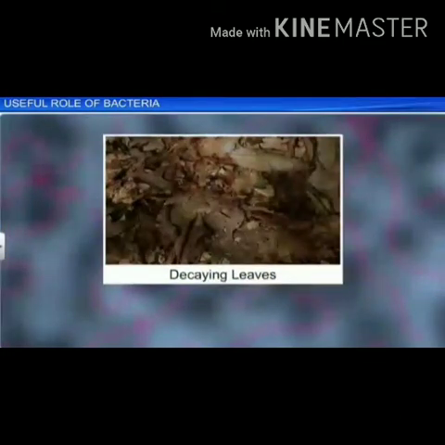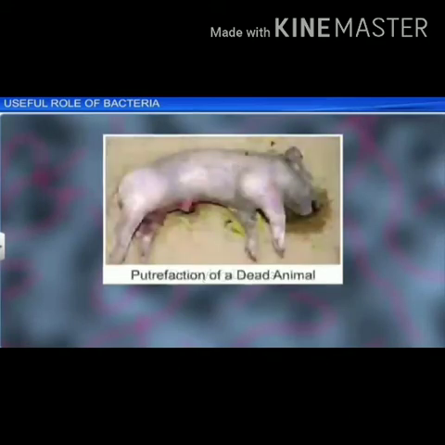Decay is the complete breakdown of organic matter by bacteria without producing any foul smell, while putrefaction is the incomplete breakdown of organic matter by bacteria, giving out a foul smell.